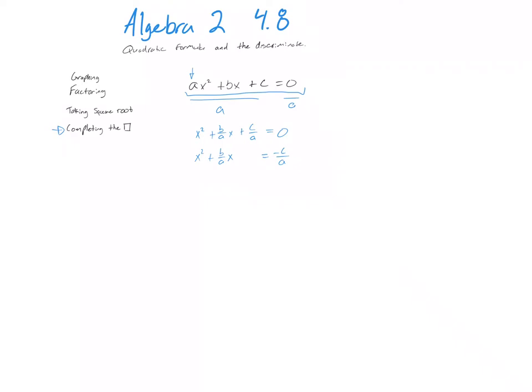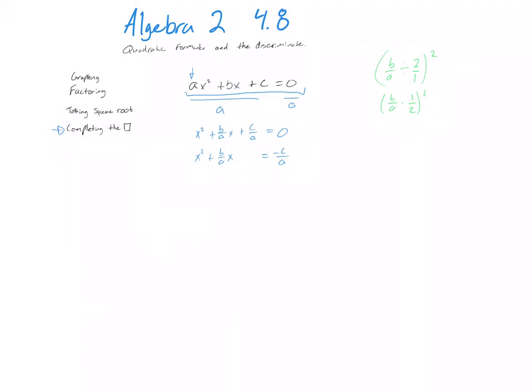Now, the number by the x is my b, which in this case looks like b over a. So I'm going to take b over a divided by 2, and square that. Dividing by 2 is like dividing by 2 over 1, which is the same thing as b over a times 1 over 2.